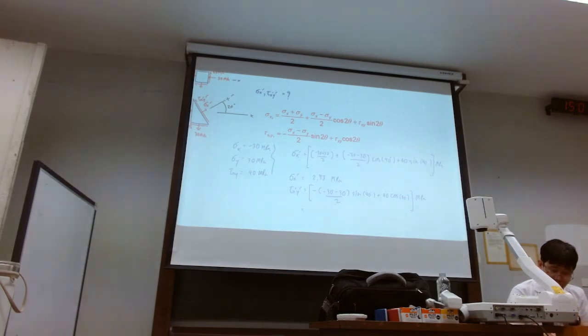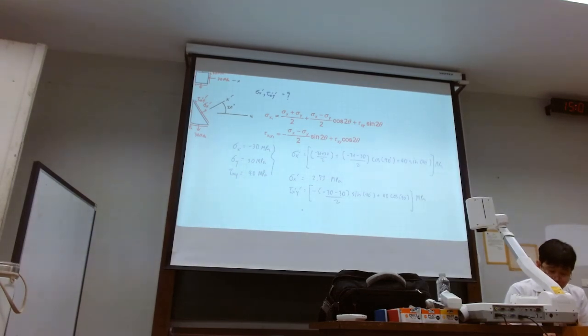So again, what do we have here? 30 sine of 40 plus 40 cosine of 40.